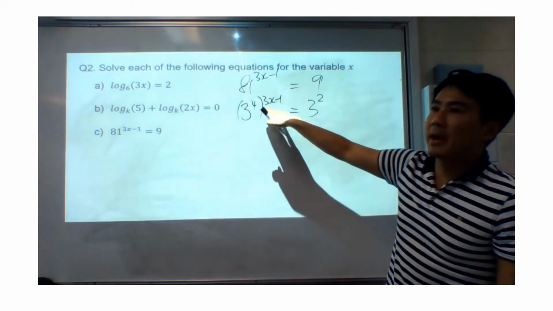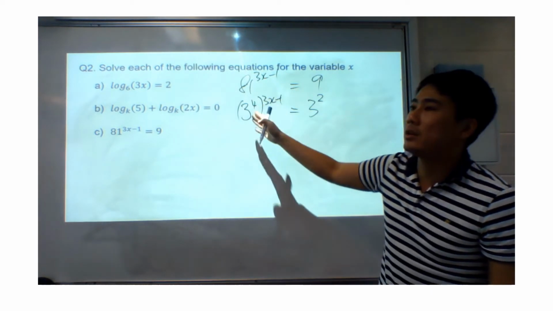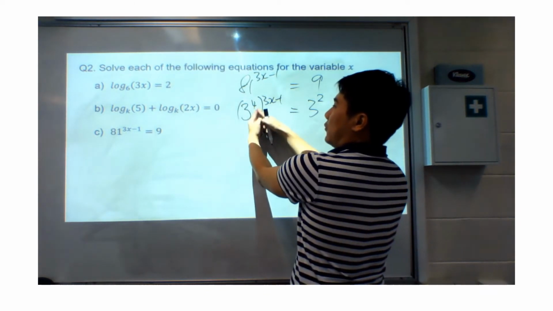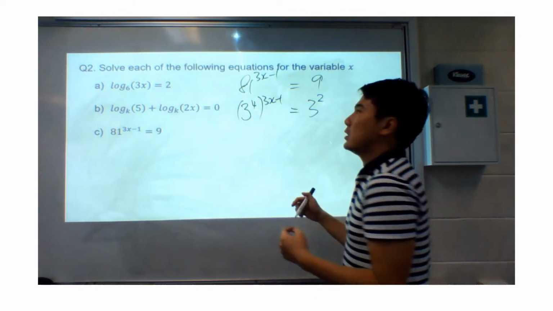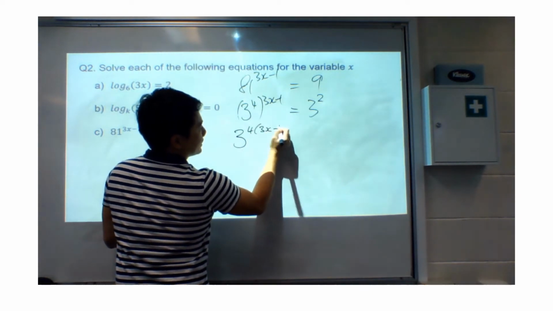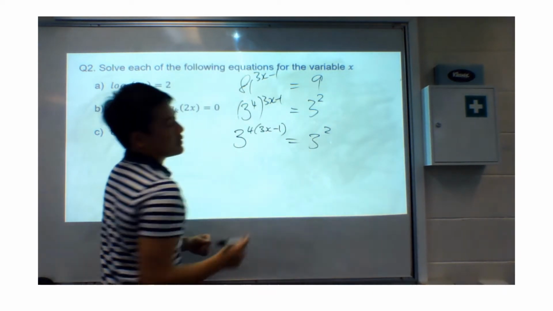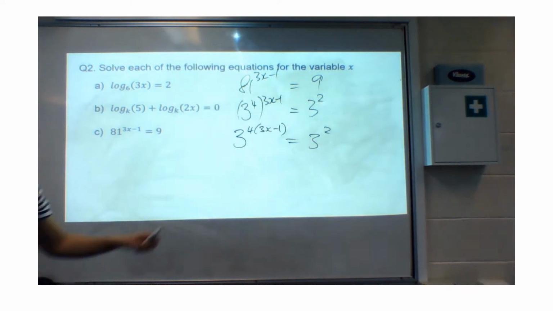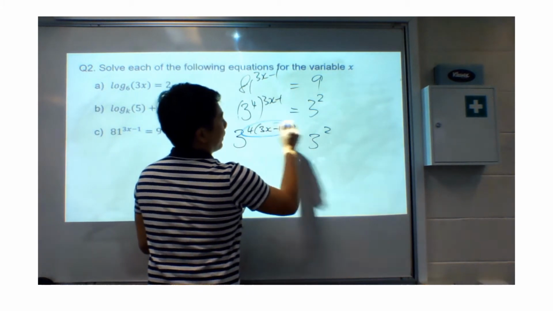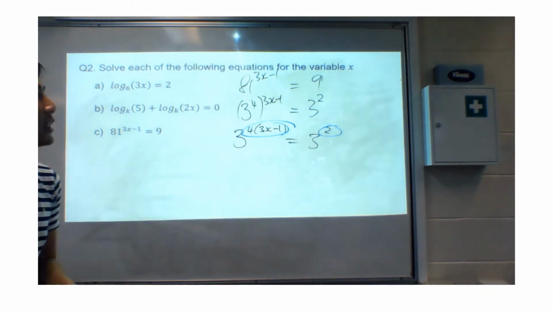If you're raising a power of a power, you just times the two powers together. So I can just times this 4 by 3x take 1. So I can rewrite this as 3 to the power of 4 times 3x take 1 equals to 3 squared. So now both of these are under the same base.